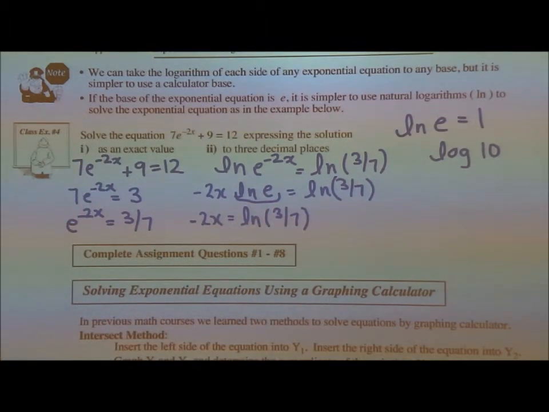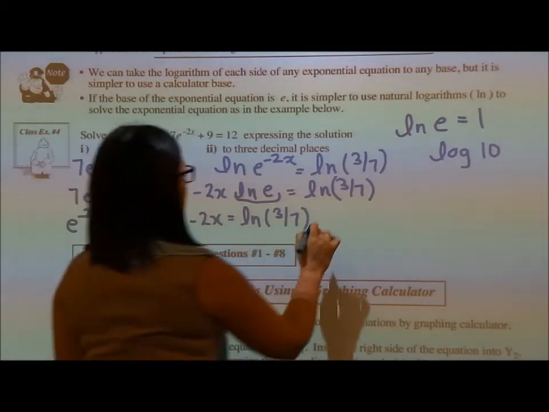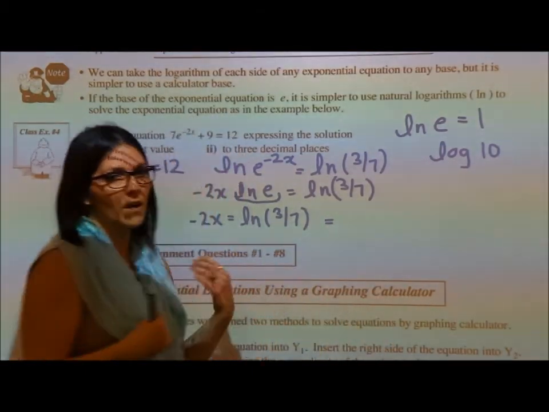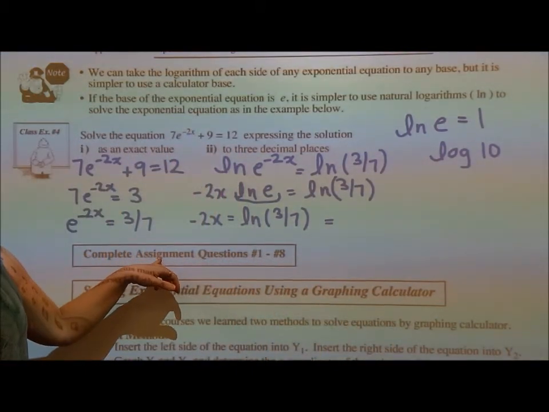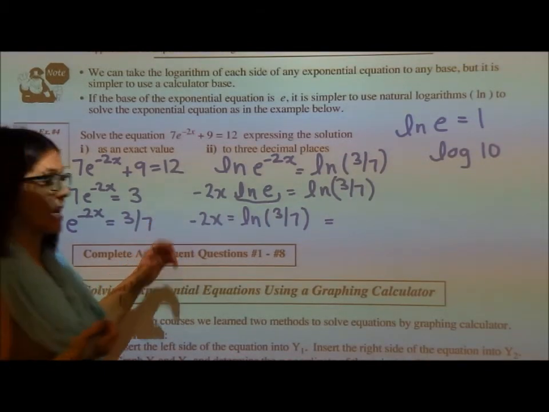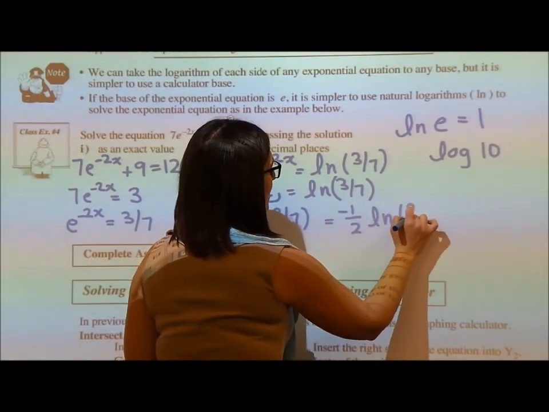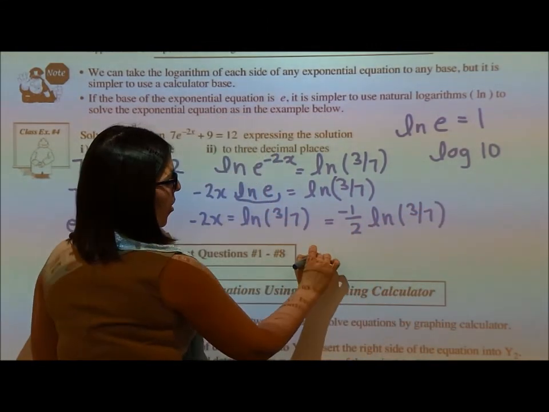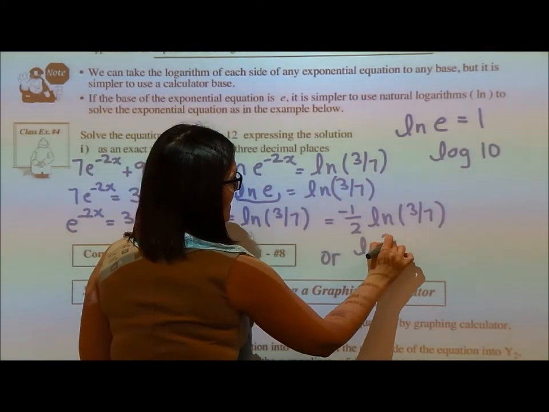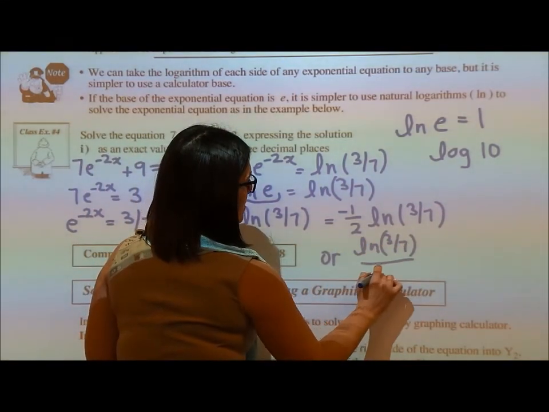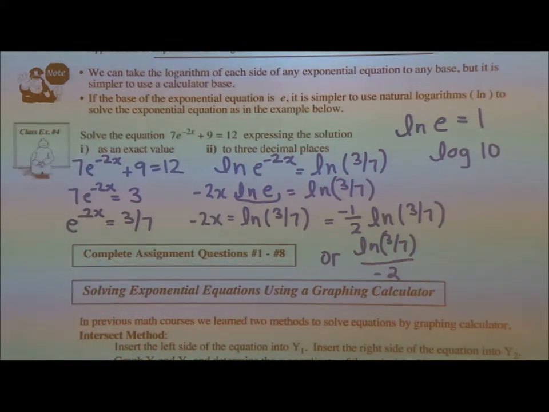So to get x by itself, what do I do? Divide by negative 2. So dividing by negative 2 is the same as multiplying by negative 1/2. So negative 1/2 log 3/7, or log 3/7 divided by negative 2.